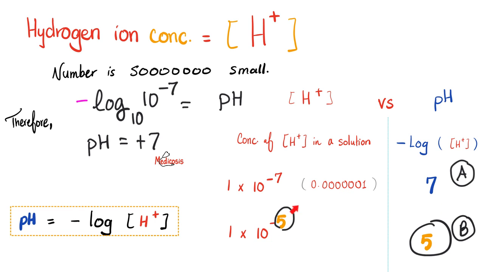Solution B is 100 times more concentrated with H. Look at the difference. The difference between these two is 100 times. So when it comes to the hydrogen ion concentration, it is 100 times greater in solution B when compared to solution A. That is why we have a log.